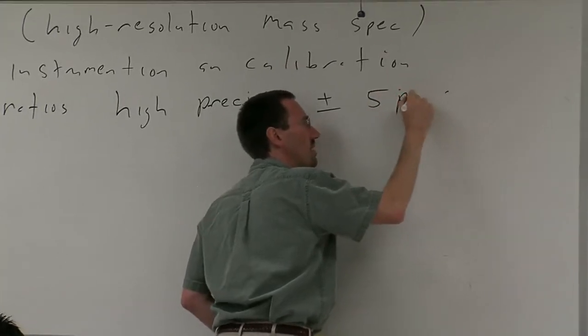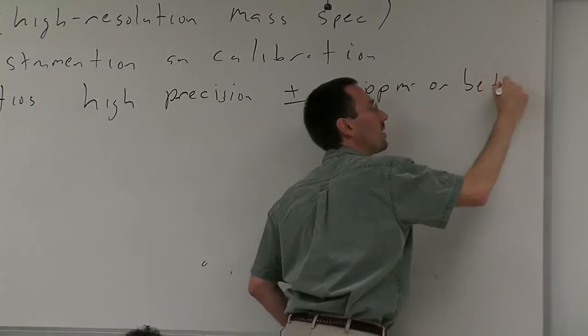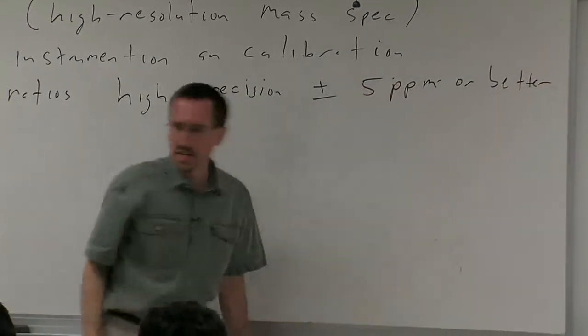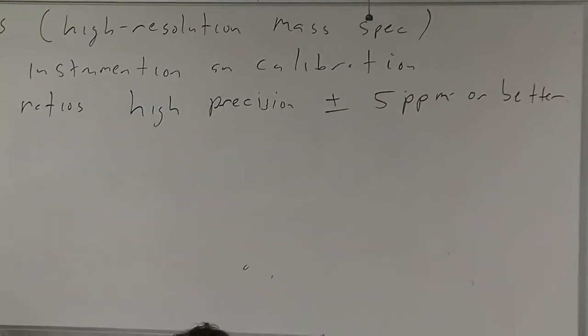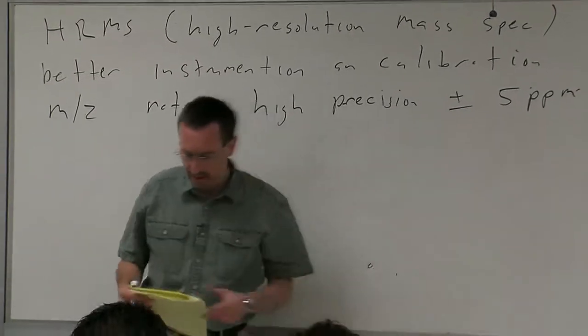And I'll show you what I mean by that. And in the case of a technique called ion cyclotron resonance mass spectrometry, sometimes even an order of magnitude better than that.